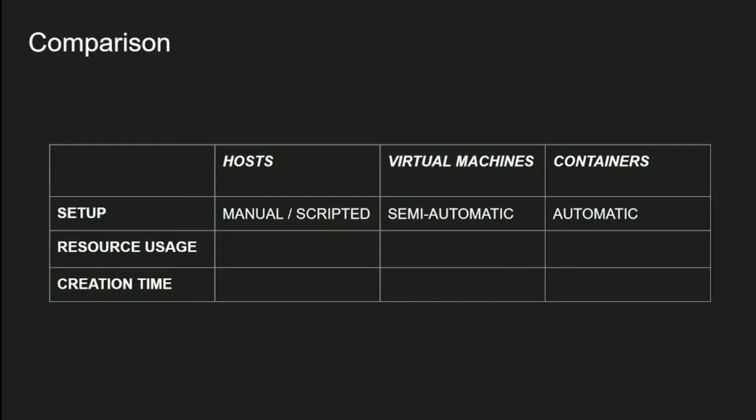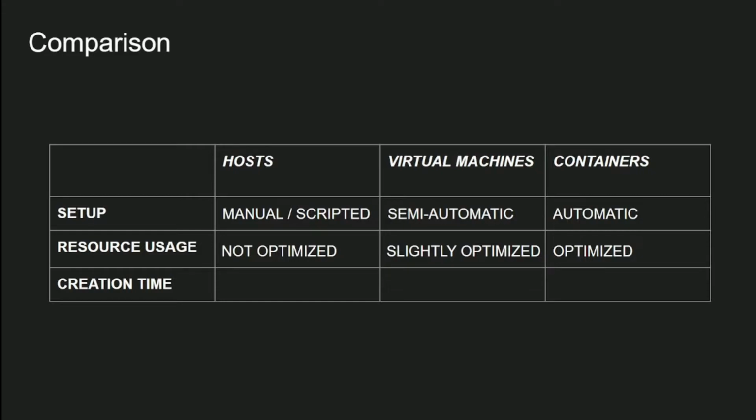But virtual machines tend to be quite heavyweight because they contain a full operating system, so they can actually weigh a few gigabytes. While containers are the most automatic because you also have images and they're pretty lightweight, in terms of hundreds of megabytes, even if not tens of megabytes. It takes virtual seconds to spin up a container and have it running.